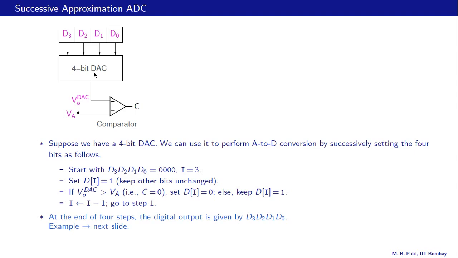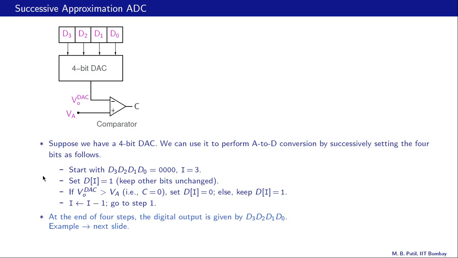There is a 4-bit DAC here which converts this binary number to an analog value, which we have called VO DAC, output voltage of the DAC. That gets compared with VA, which is the input analog voltage, which we want to convert to the digital format. So these are the operations involved, and now let us see how this ADC works.